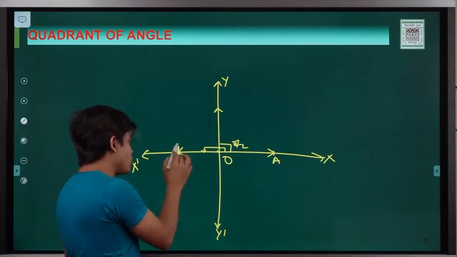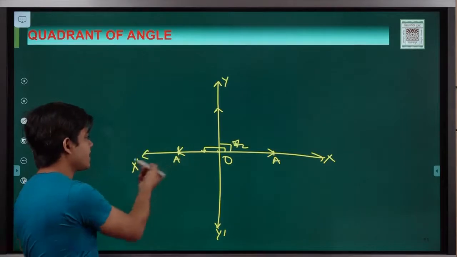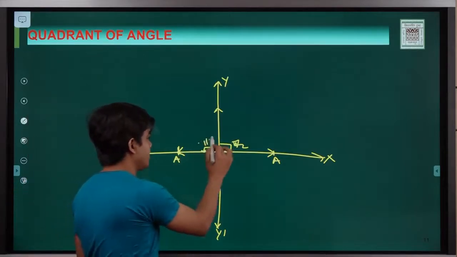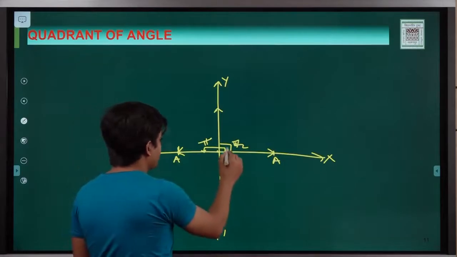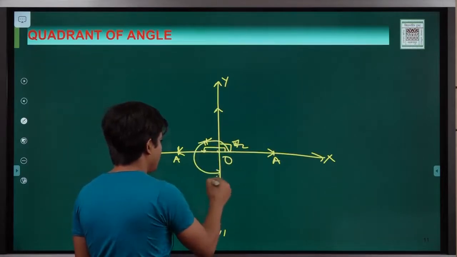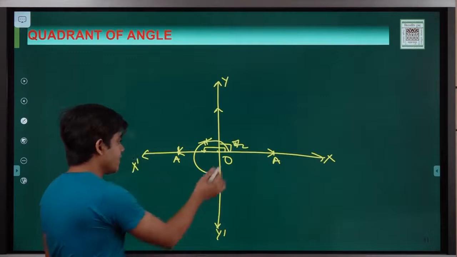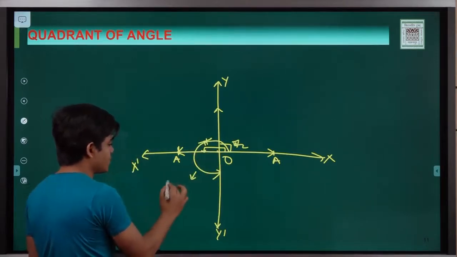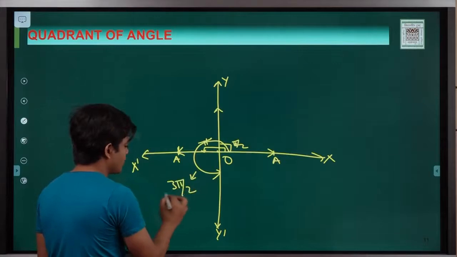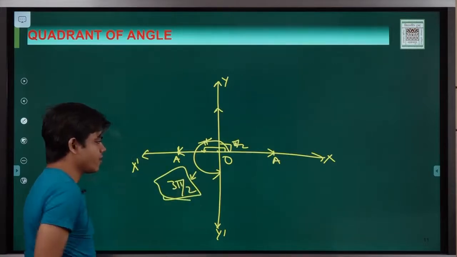So the terminal point lies on this negative x-axis, then certainly this pi will be a quadrantal angle. And when we come over here at this y dash, then you can see the total measurement of rotation is 3 pi by 2. So again, it is going to become a quadrantal angle.